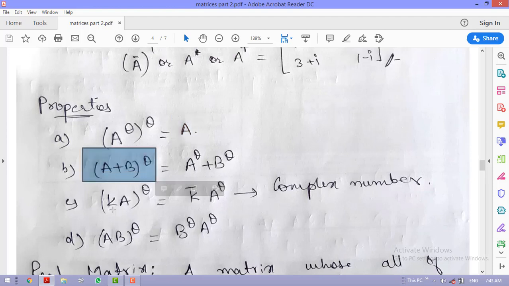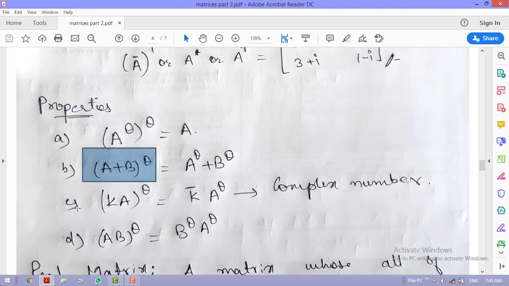Now let us see the third property: scalar k into matrix A, whole power theta. It means first I apply k into A, then conjugate, then transpose. That will be equal to the conjugate of k, into A power theta.